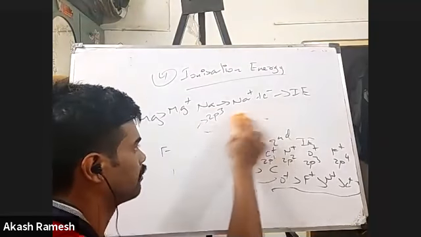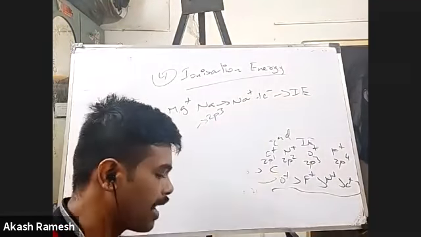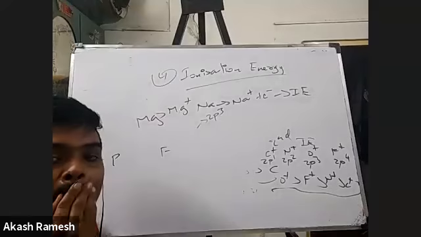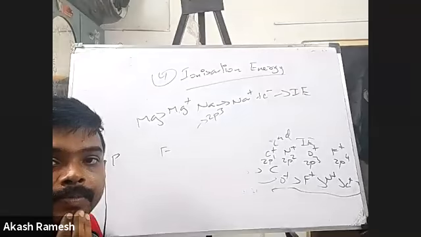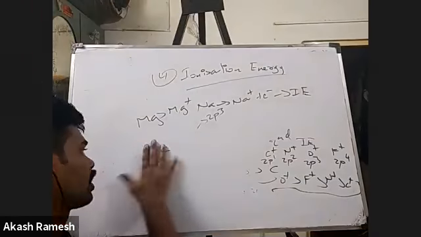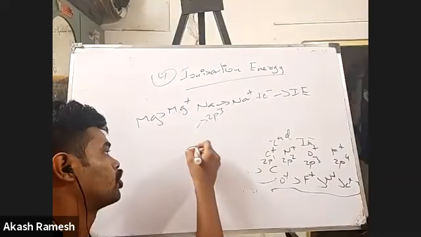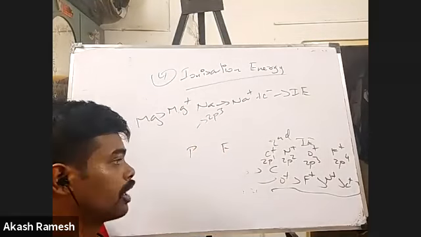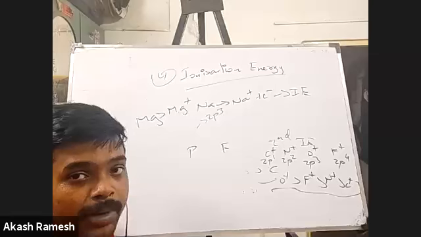Among fluorine and phosphorus, which has higher ionization energy? What do you think? Right, among phosphorus and fluorine. Okay, I'll write it here. Which do you think is going to have more ionization energy?